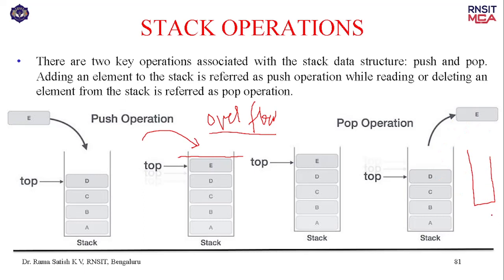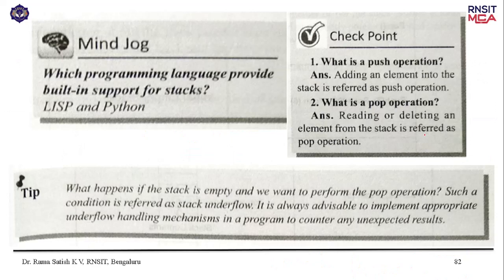When the stack is completely empty and you still do a pop operation on this empty stack, then another error condition occurs, that is called the underflow condition. Underflow means there are no elements, but still you are trying to do a pop operation. So the underflow condition occurs.